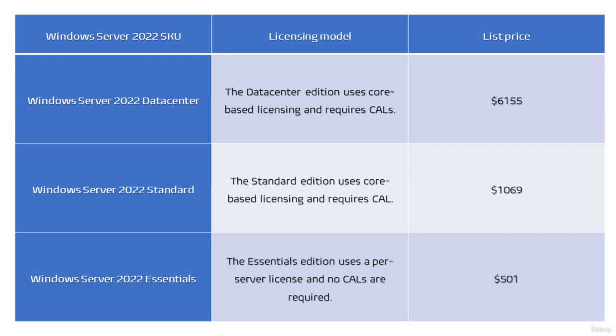Server 2022 Standard, the Standard Edition, uses core-based licensing and requires CALs, and it comes in at an even $1,069. And Windows Server 2022 Essentials uses a per-server license, and no CALs are required. And that's an easily affordable $501. And again, these are the list prices.